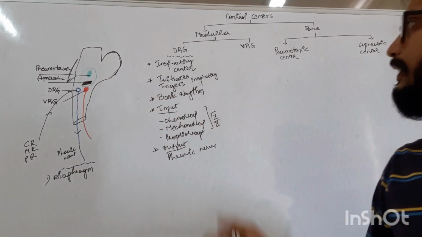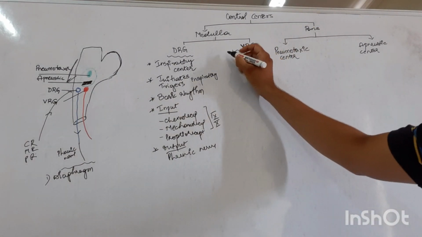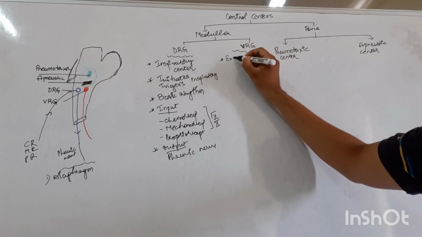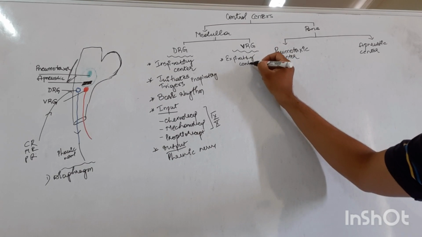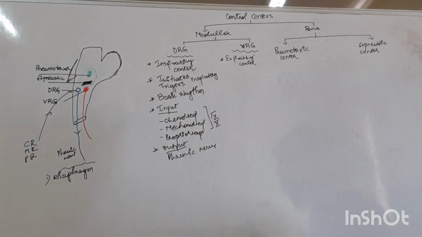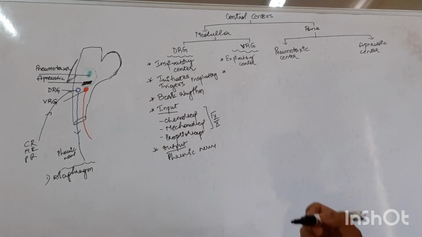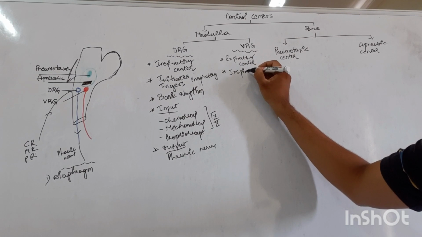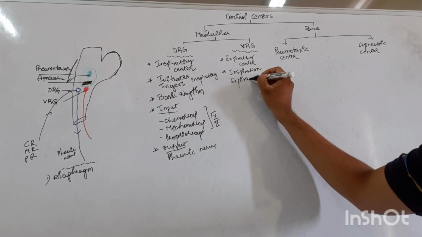Now coming to the ventral respiratory group neurons, this was also referred to as the expiratory center, but now it is known that the ventral respiratory group neurons are also involved in inspiration and also in expiration.